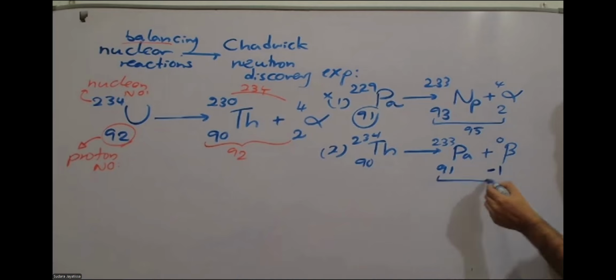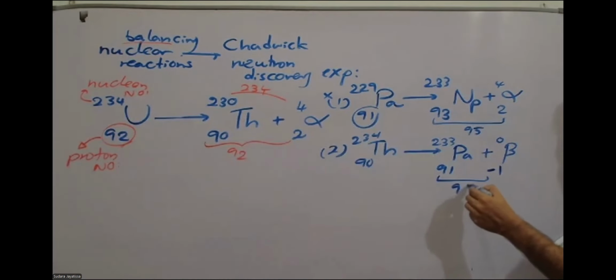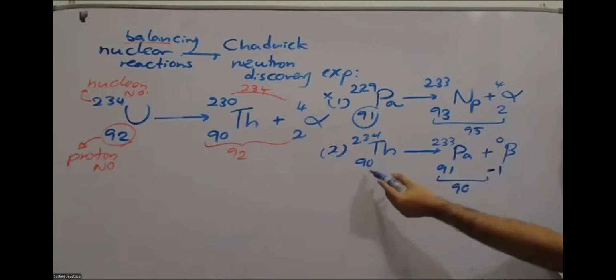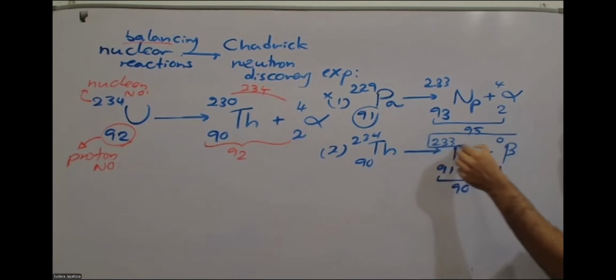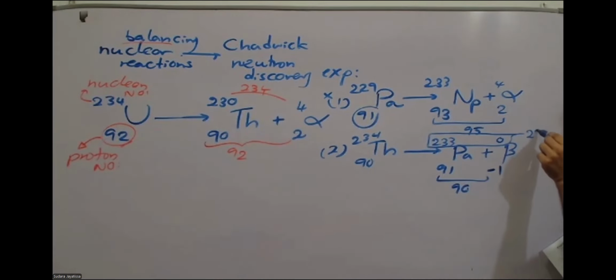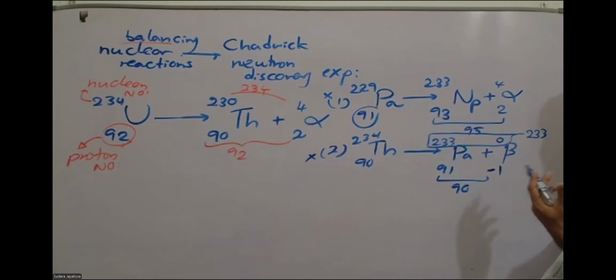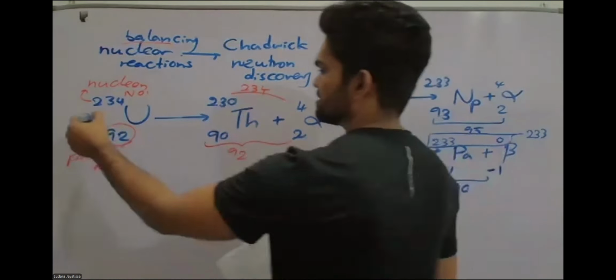If you get the proton number sum, it's going to give you 90, which is equal to this value. But if you get the nucleon number, it is going to give you 233, which is not equal to the left side. So therefore this one is wrong. Like that, analyze and write a reason why each answer is not the balanced one. Our balanced one is the third answer.